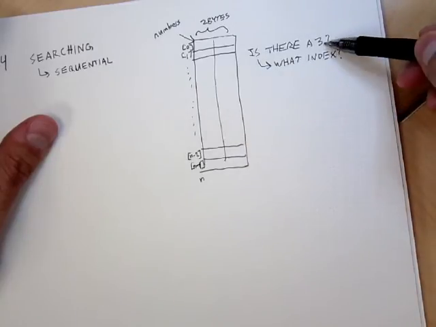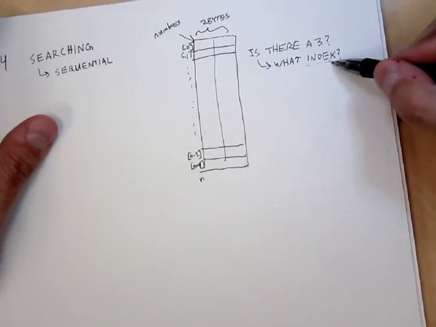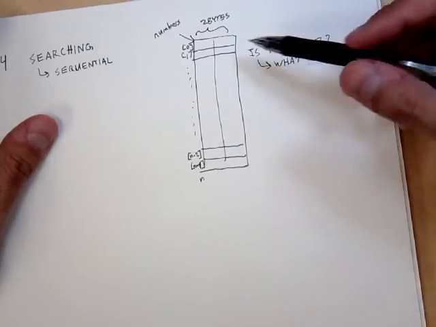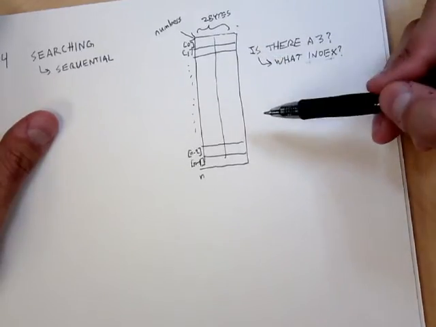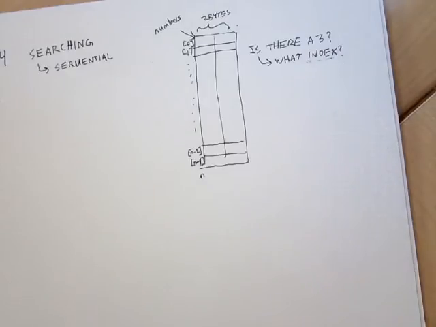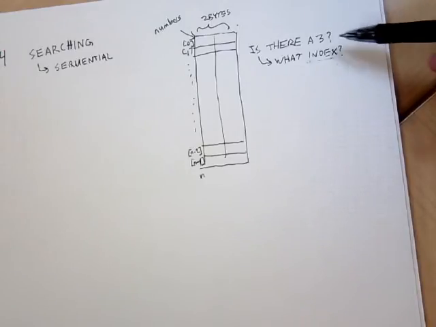If there isn't a 3, then if we ask you where it is, you could say something to indicate nowhere, like a -1, or like FFF. So you have maybe some special index to indicate that it's missing. That's a related question.